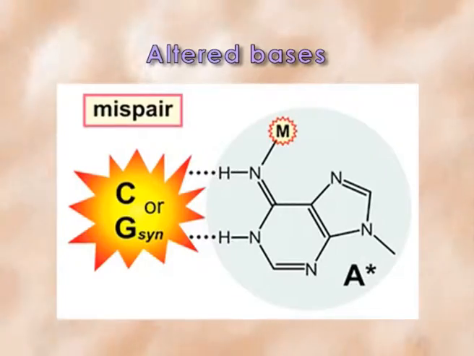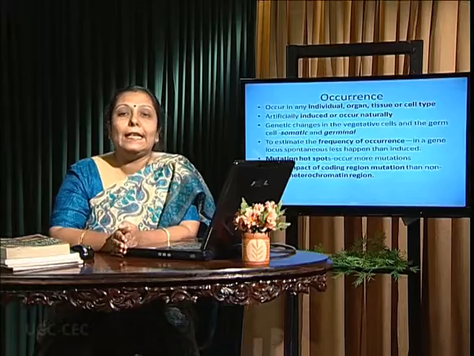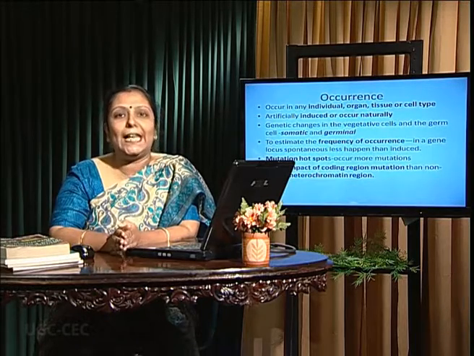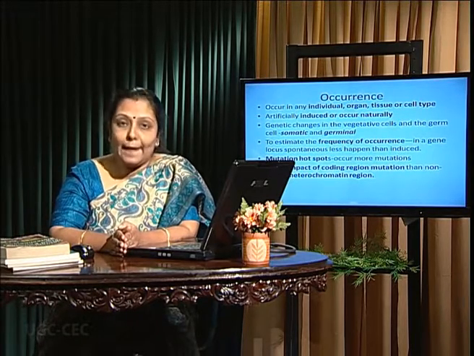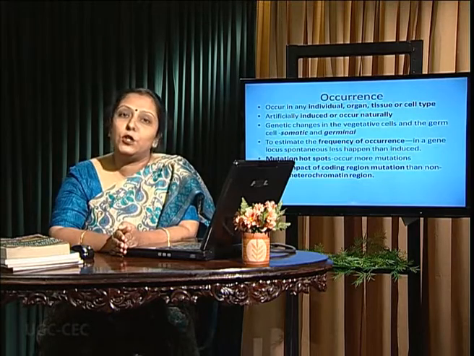Causes may be due to tautomerization, misincorporation of the base, altered base pairing, skipped bases, insertion, and sometimes the tautomerized base is prevented from repair, causing mutagenesis. It may occur at any gene, any cell, any tissue or organ, may be somatic or germinal.